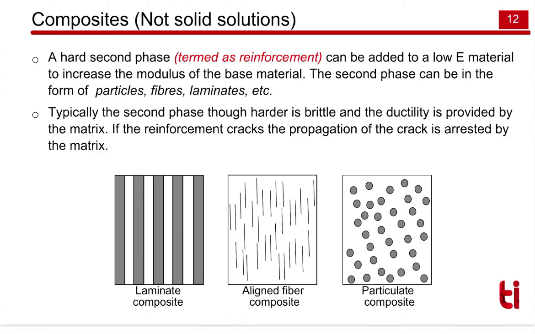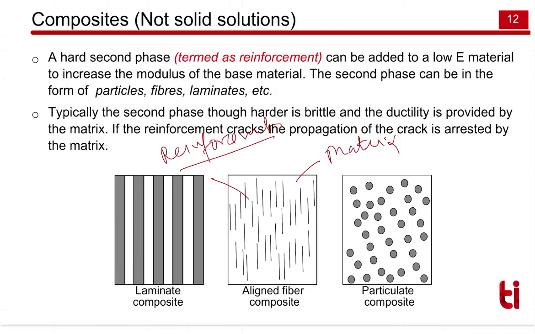So these are the different kinds of composite material. One we call the matrix. Another is the reinforcement. This composite has already been explained to you in the initial classes.